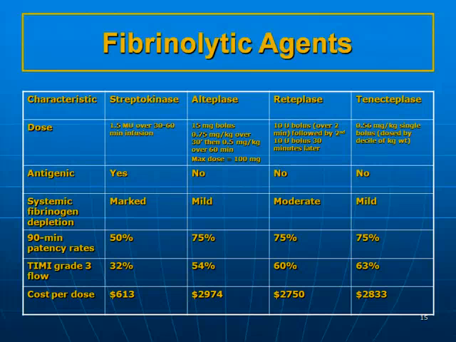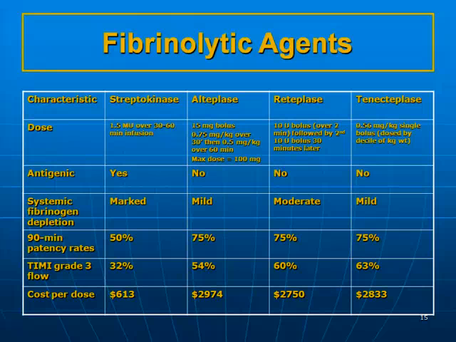Most institutions have chosen one or the other of the bolus drugs, RPA or TNK. RPA is a double bolus, 10 units or 10 milligrams given 30 minutes apart. TNK is a single bolus. The only limitation of TNK is that its dose is weight-based. In some early studies, there was some concern that patients may have been underdosed simply because where do you get weights on patients who are having heart attacks?